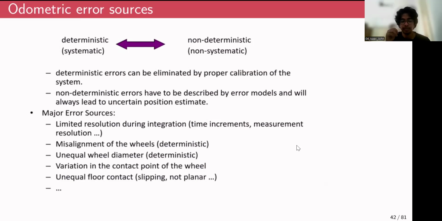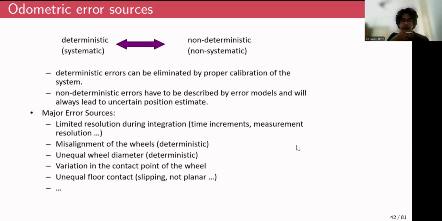And in case of non-deterministic errors, they cannot be completely modeled, because their source is uncertain, and possible ways to eliminate them are also not available. Some of these errors are not really in control of the designer or the robot, so they cannot be fully eliminated.